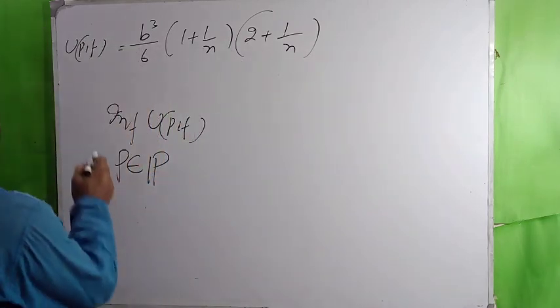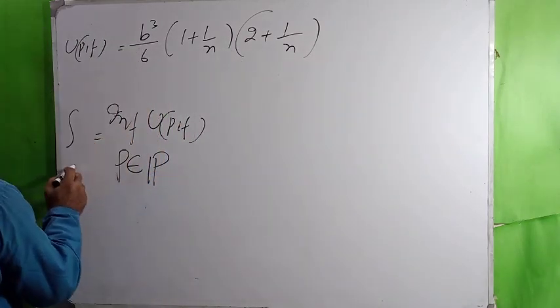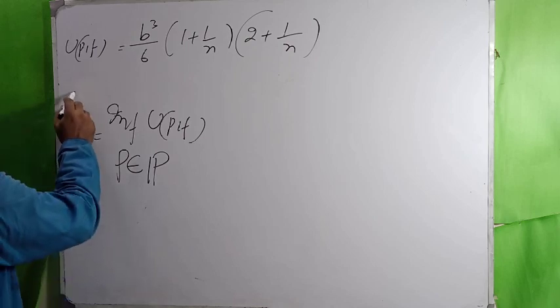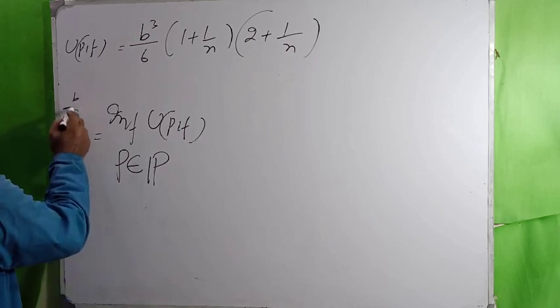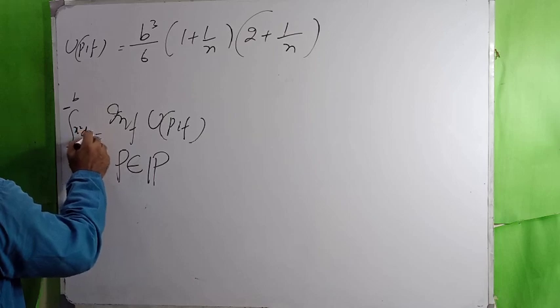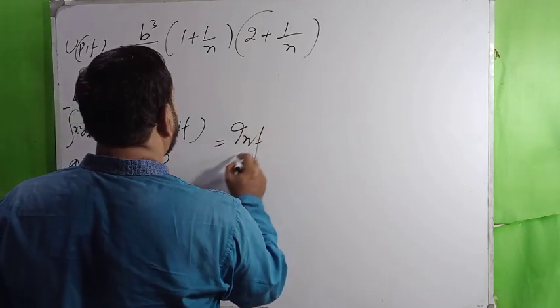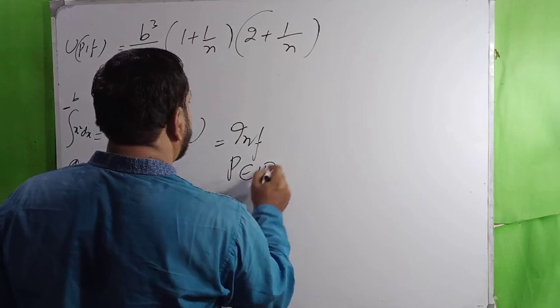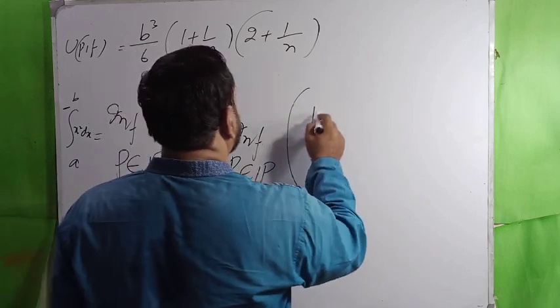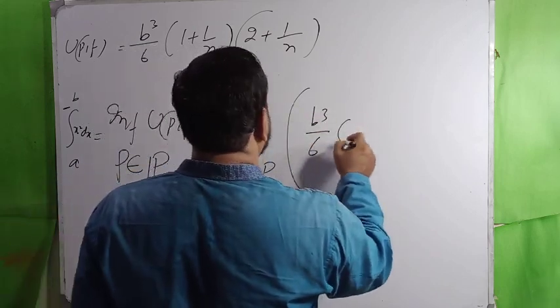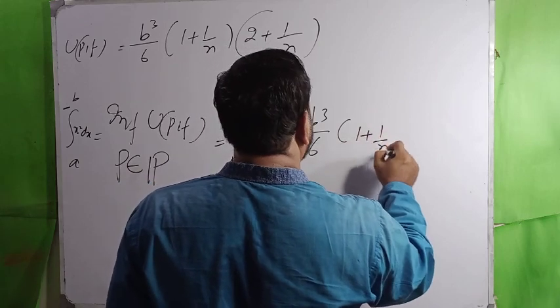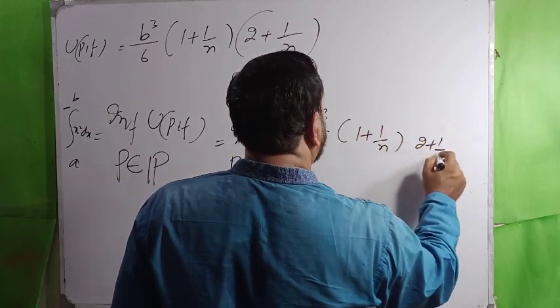And what is this? This is our upper integral from a to b of x squared dx, which is equal to infimum over P of b cube by 6 into 1 plus 1 over n into 2 plus 1 over n.